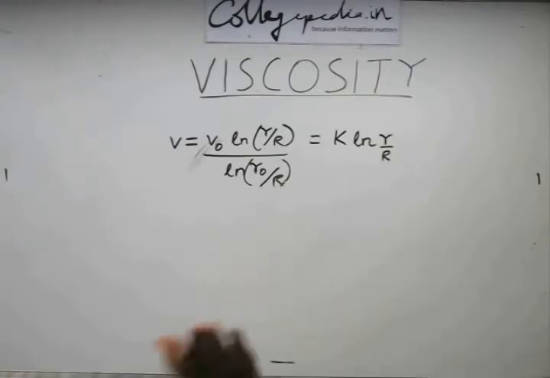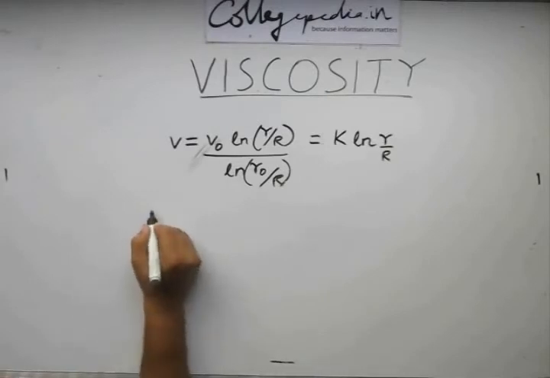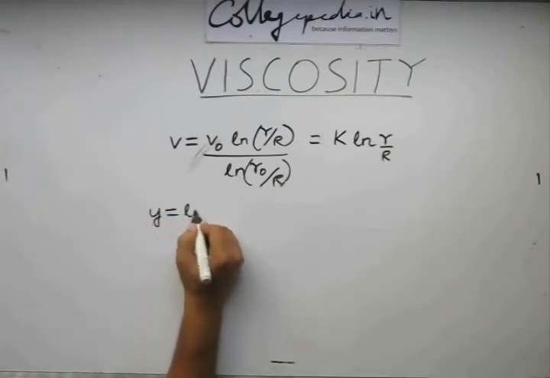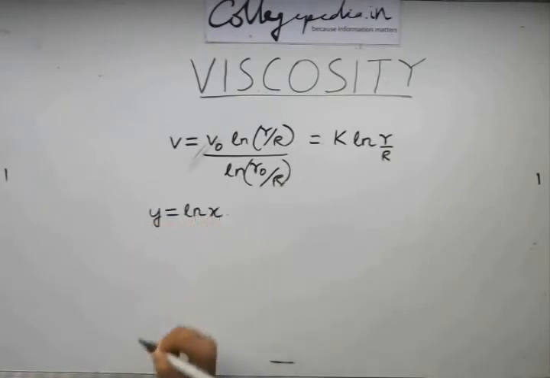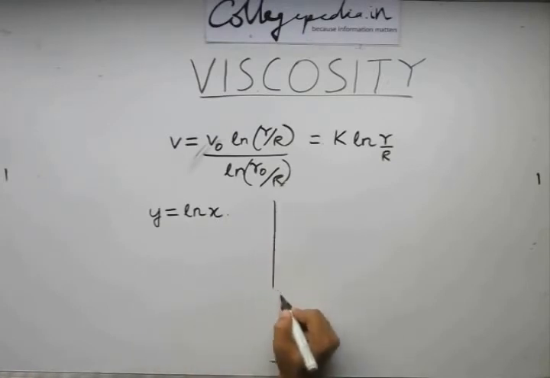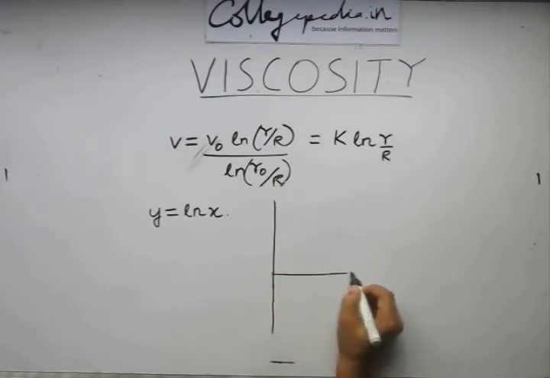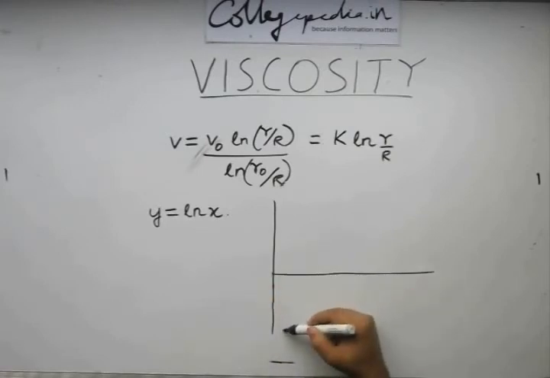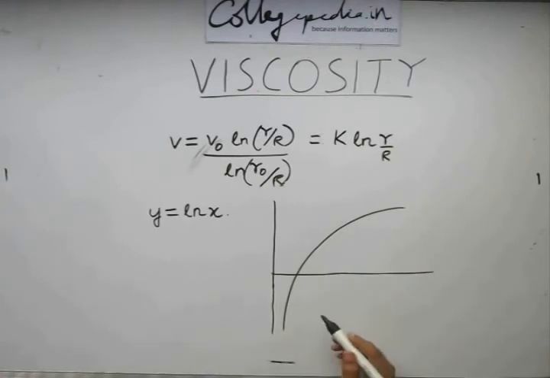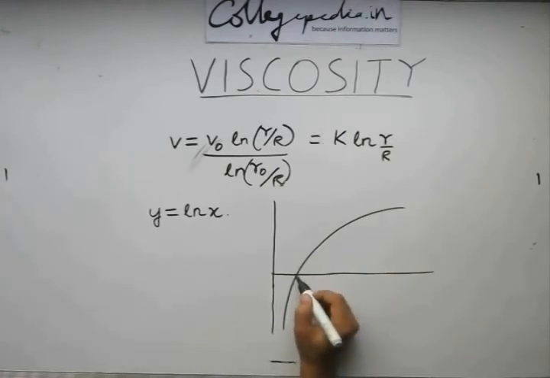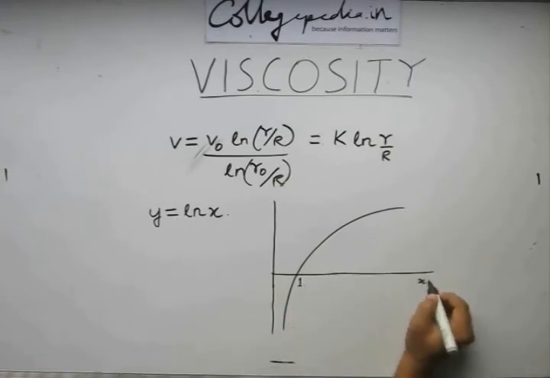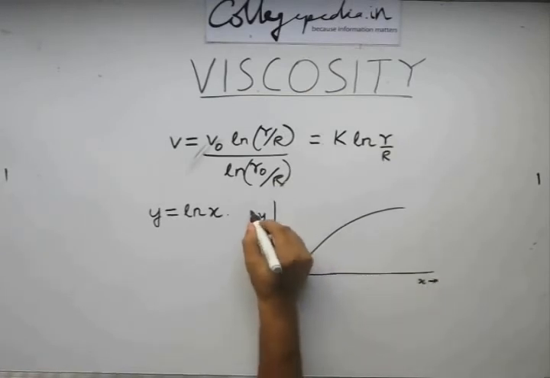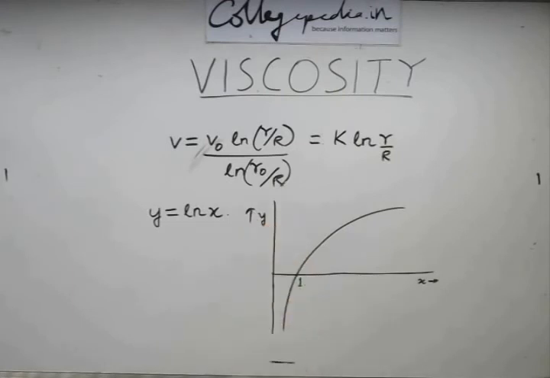Now how is this going to look like? Firstly, let us consider the graph of y equal to ln x. This is something like this. This here is basically 1. This is the x-axis, this is the y-axis. This is the general form of the y equal to ln x type.